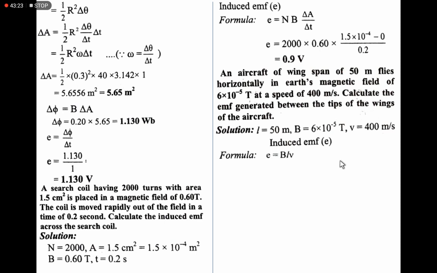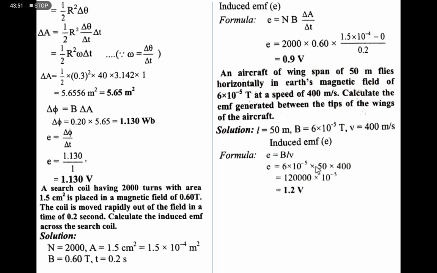We know the equation BLV sine theta, horizontal direction, theta will be 90, sine 90 is 1. Use the values and the answer will be this, 1.2 volt. 6 into 10 to the power minus 5 magnetic field.